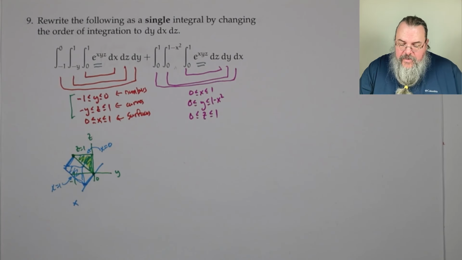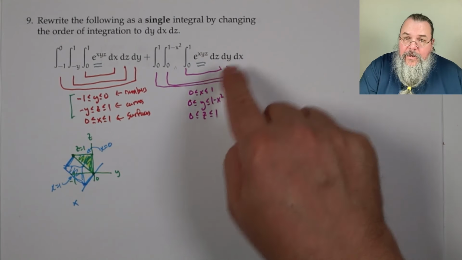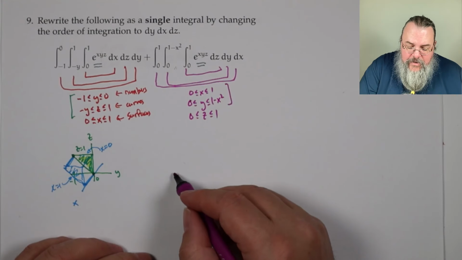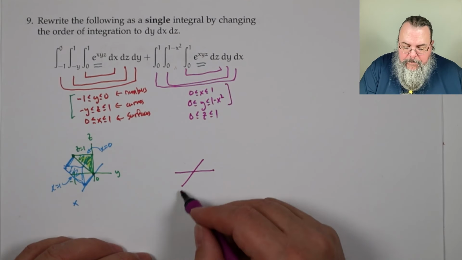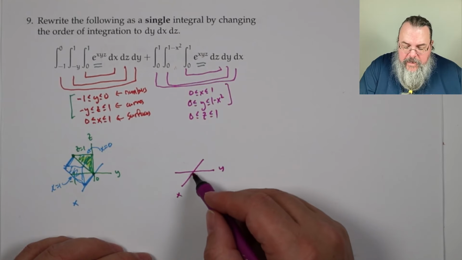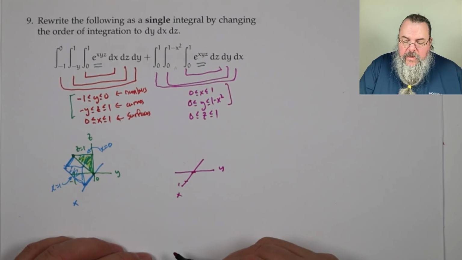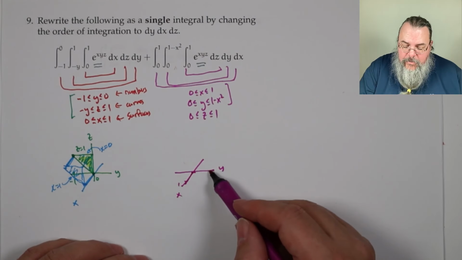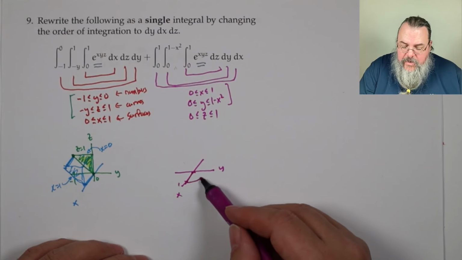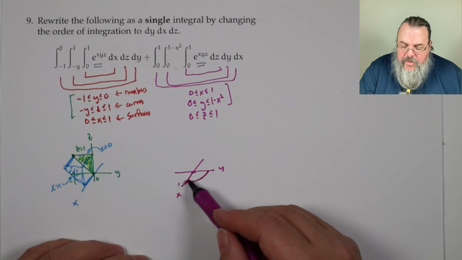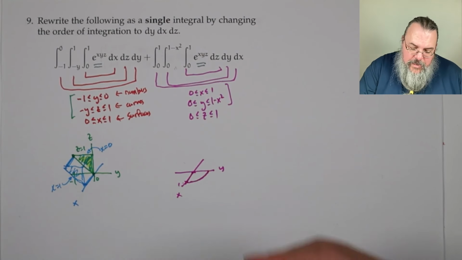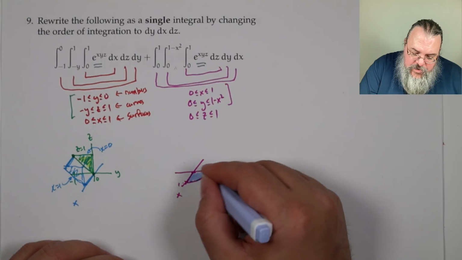We can start with the outer two layers, the xy plane. We're told x goes from 0 to 1. Well, what does y do? We go from 0 to 1 minus x squared. So 1 minus x squared is this parabola, and in the xy plane we have this shape here.